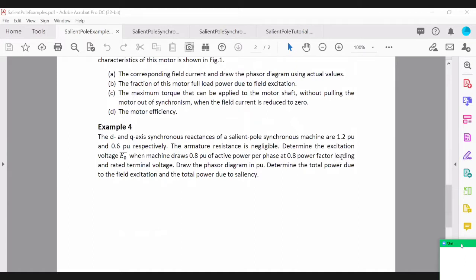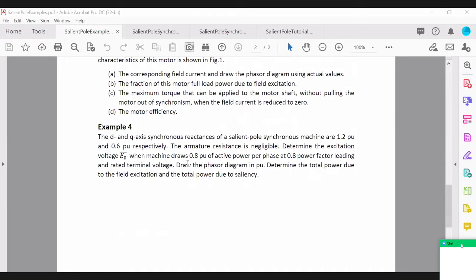All right. So you will see in example 4, you've been given the D and Q axis synchronous reactances, the power factor of the motor, and how much active power per phase the machine is absorbing from the line.